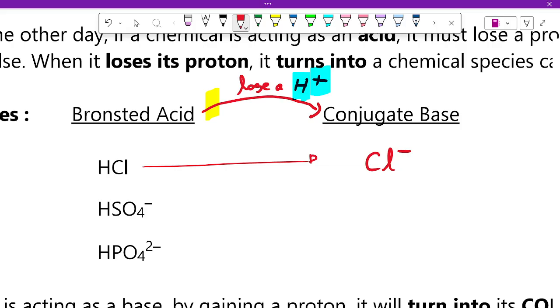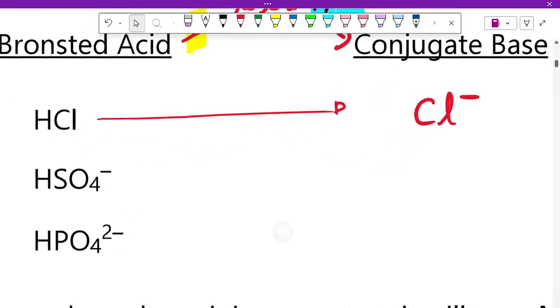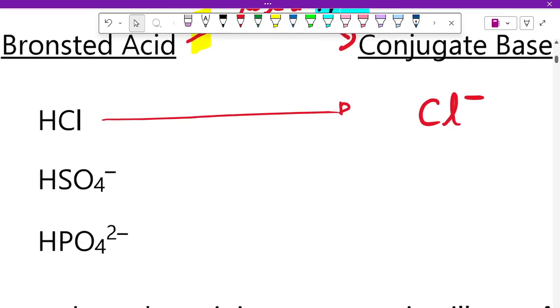All right, I'm going to call some names here. So if you feel unsure about your answer, go check with some people. Okay, HSO4 minus, Alexander, what is its conjugate base?